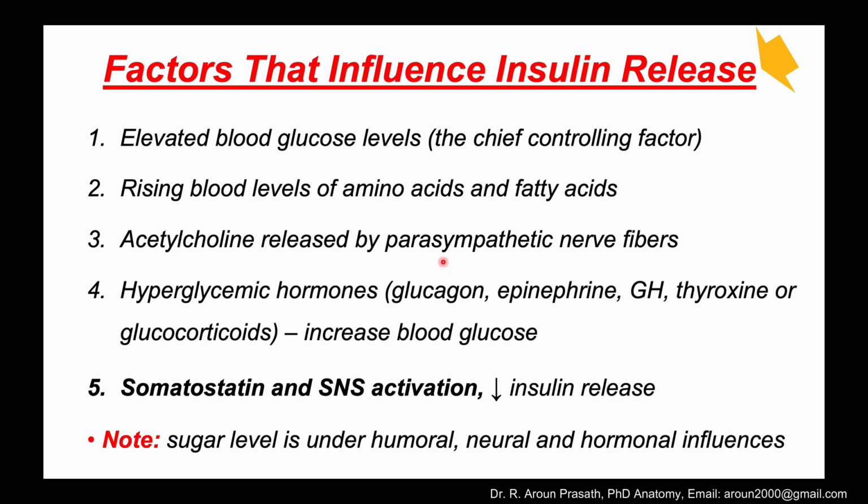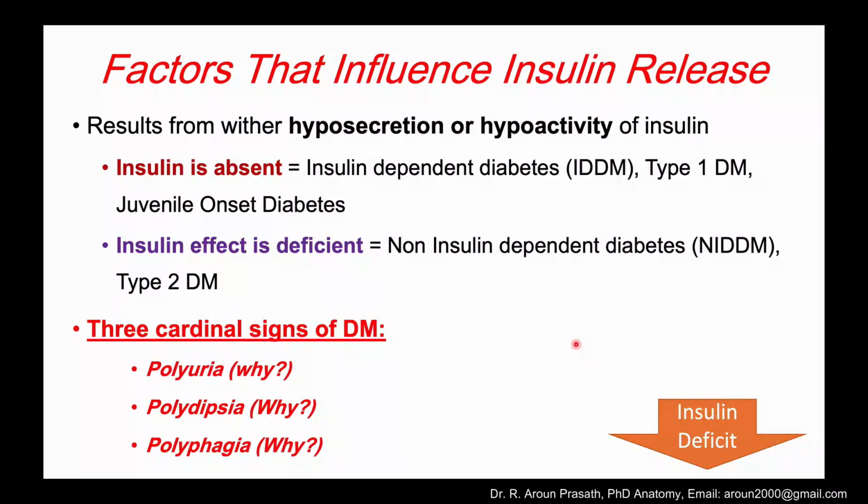Acetylcholine released by parasympathetic nerve fibers can increase the release of insulin. Hyperglycemic hormones, for example, glucagon, epinephrine, growth hormone, thyroxine or glucocorticoids, increase the blood glucose level, so then also the insulin is released. So these are all various factors that make the insulin to be released by the pancreas into the bloodstream.